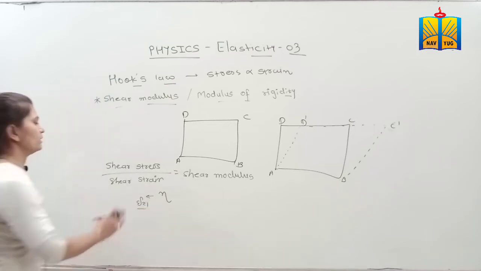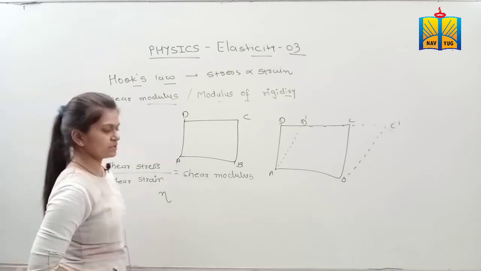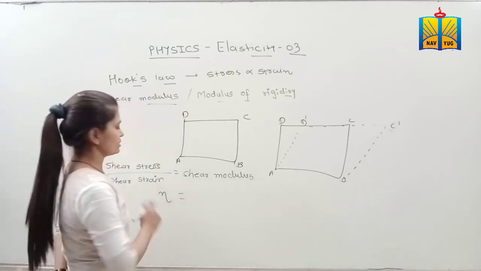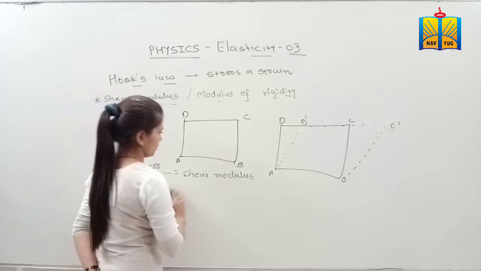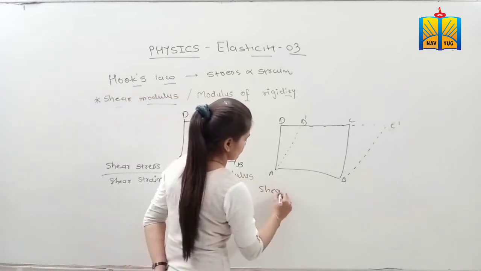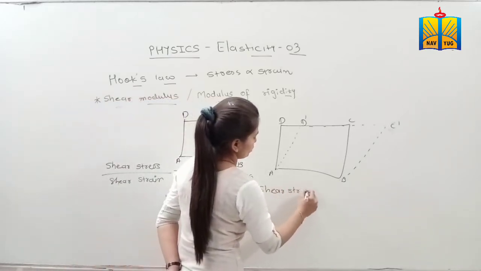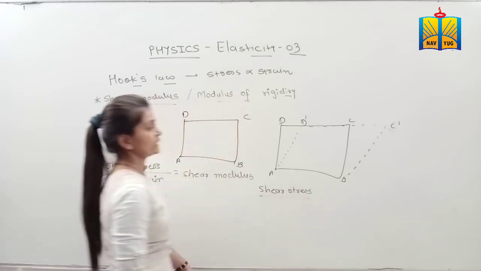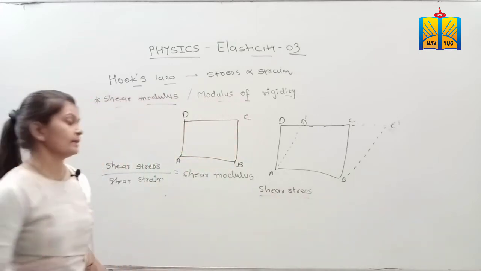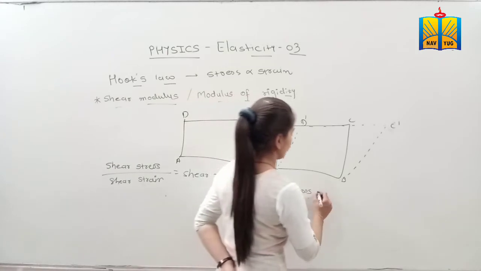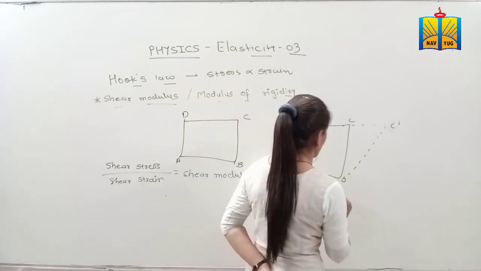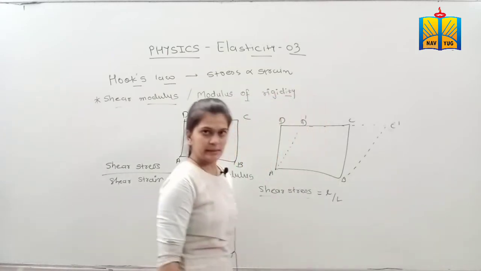Okay. So this is the shear modulus eta is equal to shear stress. First, we make an equation for shear stress. We all know that shear stress is nearly equal to longitudinal stress. Right, sure. The equation of longitudinal stress, that is change in length small l divided by capital L.